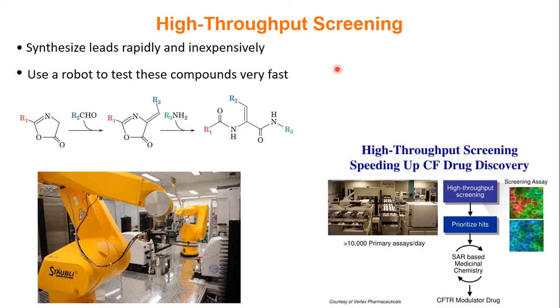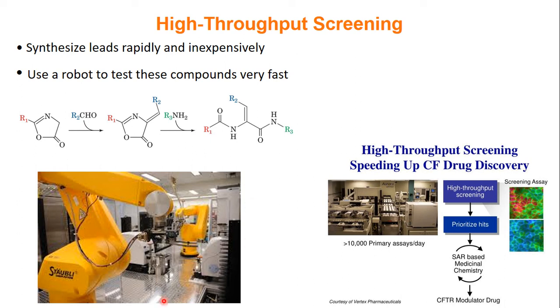Another technique that is used in making drugs is called high throughput screening. Here, you synthesize your leads in such a way that you can make a lot of them very fast. For example, we have some syntheses going on here where all you do is change the R1 group, R2 group, or R3 group, and you can have a lot of different compounds.